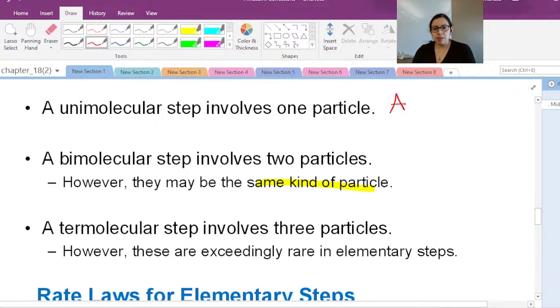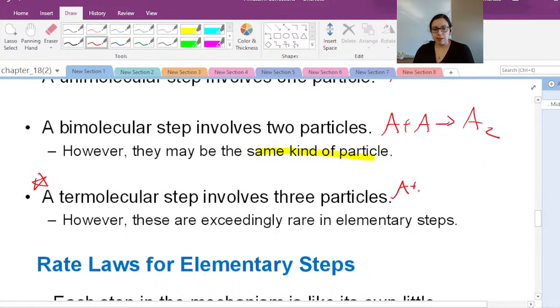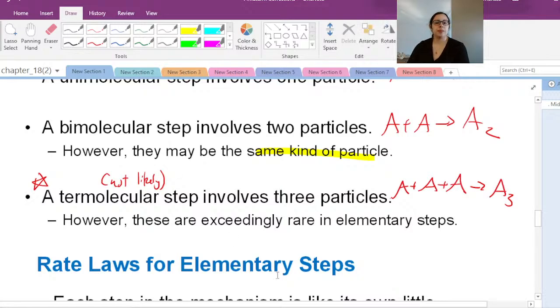This is basically like A going to B. This would be A plus A giving us something. Even if it's three of the same particles somehow going in some way to make one thing, we'll put not likely.